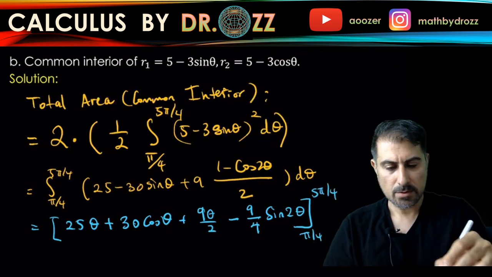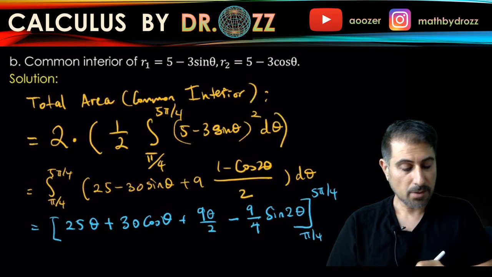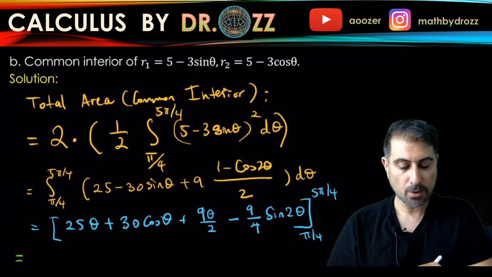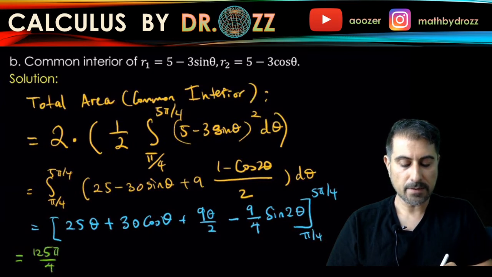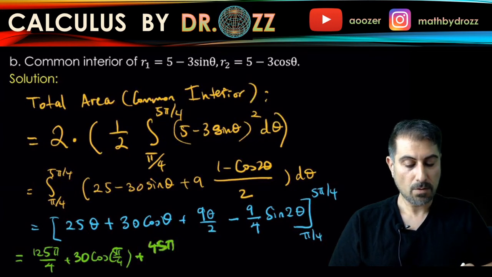All right, so I'm going to write this calculation here. I'm going to plug in the upper limit. So 25 times 5 pi over 4, which is 125 pi over 4, plus 30 cosine 5 pi over 4, plus 9 times 5, 45 pi over 8, minus 9 over 4 sine 5 pi over 2.